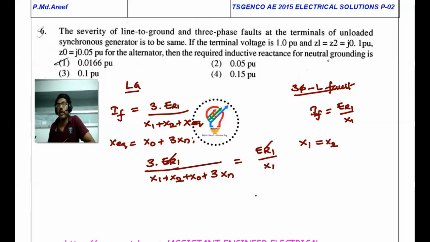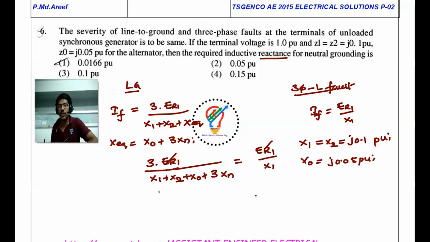In the given problem they specified it as impedance, but we will consider it as a reactance only, because the question mentions inductive reactance, not capacitance or impedance. So X1 is equal to X2 is equal to j0.1 per unit. Now X0 is also given: X0 is equal to j0.05 per unit.